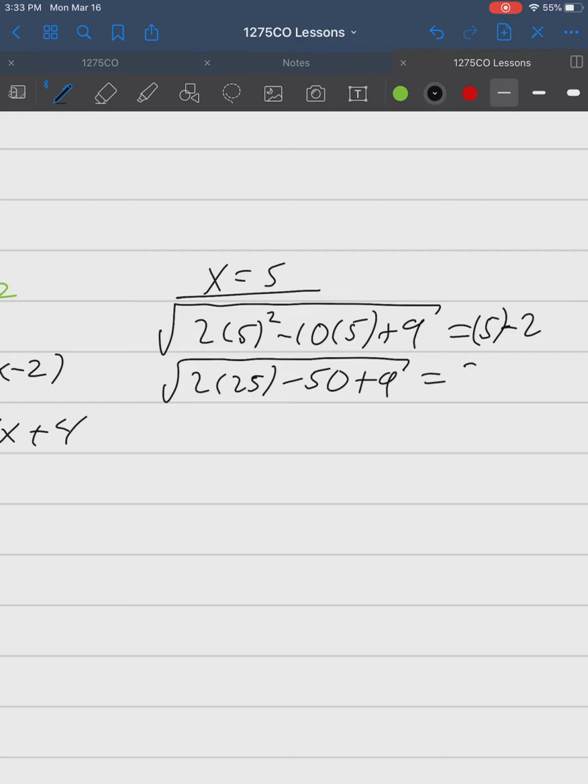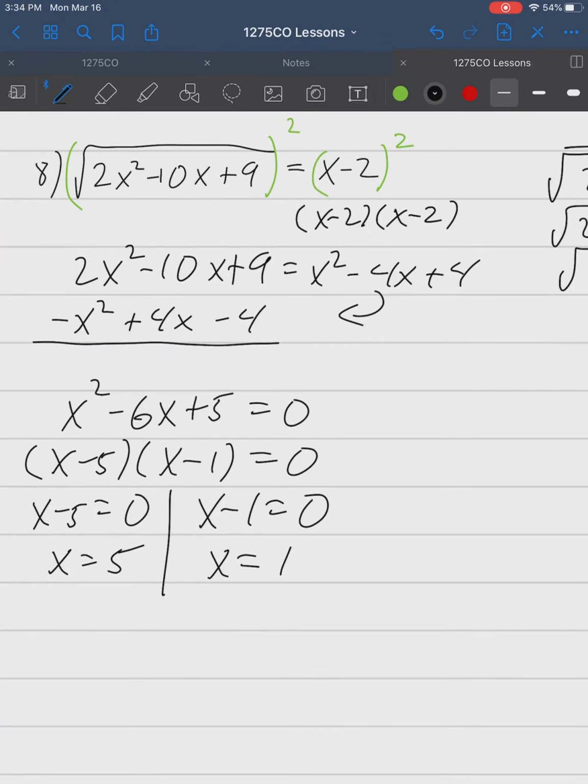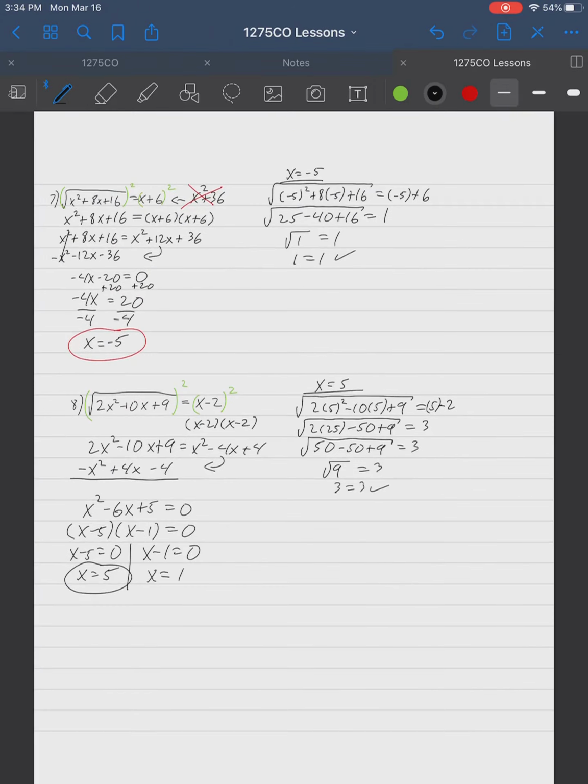On the other side of the equals, 5 minus 2 is equal to 3. Once again, notice that we are not adding anything to both sides. We are not squaring both sides or anything like that. That's to solve an equation. This is strict evaluation. And it works. 3 is equal to 3. X equals 5 is a valid answer.